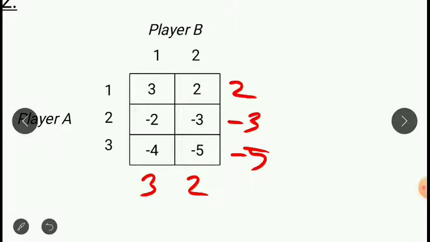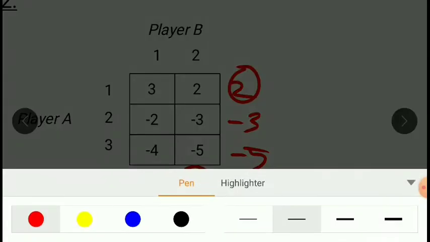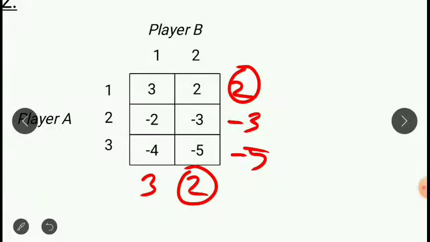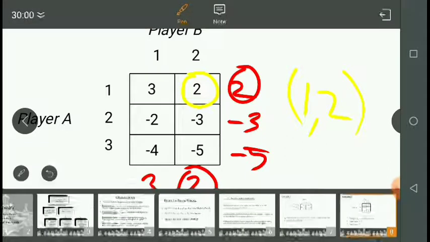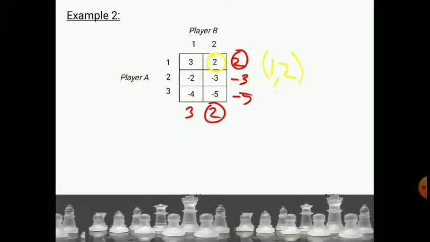So you can see that 2 is common now. We have 2 coming up, which is common. So here we can conclude that there is a common value 2 at index 1 comma 2. So we have a saddle point here, which is 2.